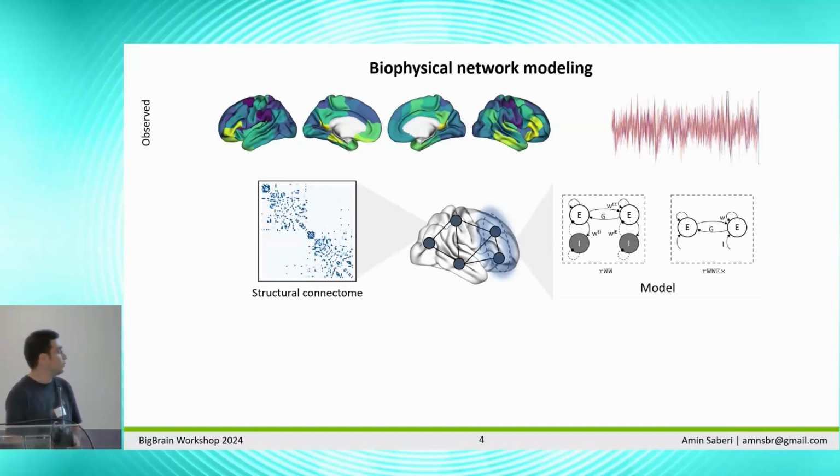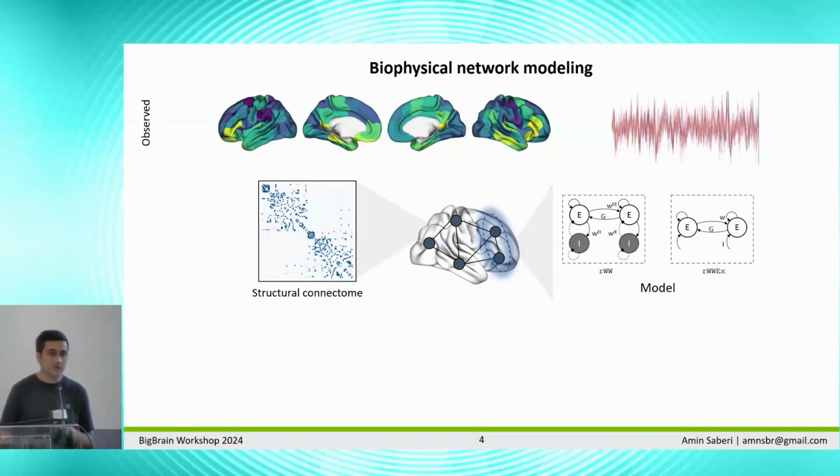I'm showing you two examples here: the reduced Wong-Wang model and the further reduced Wong-Wang model. I'm going to focus more on the model on the left, in which each node is modeled as neural masses, excitatory and inhibitory. These are connected to each other within the same node, and they are also connected between nodes. The connectivity is controlled by some parameters, which you can see as these small letters. These parameters are what we can control and tune to make our simulation look better or more similar to the observed.